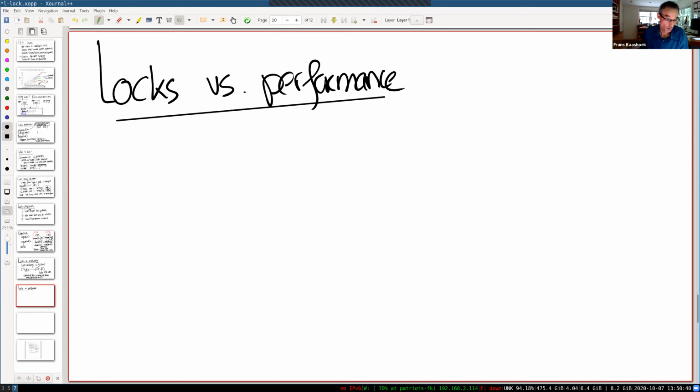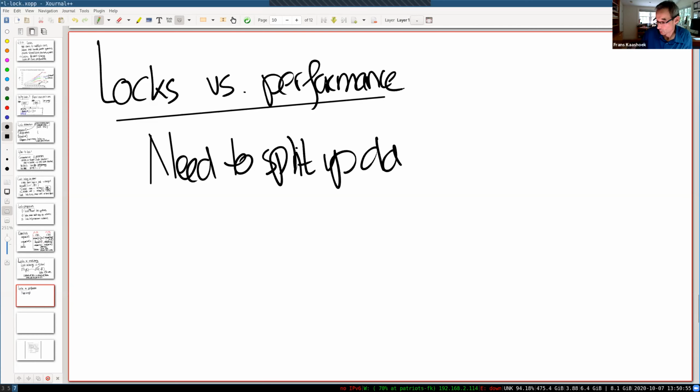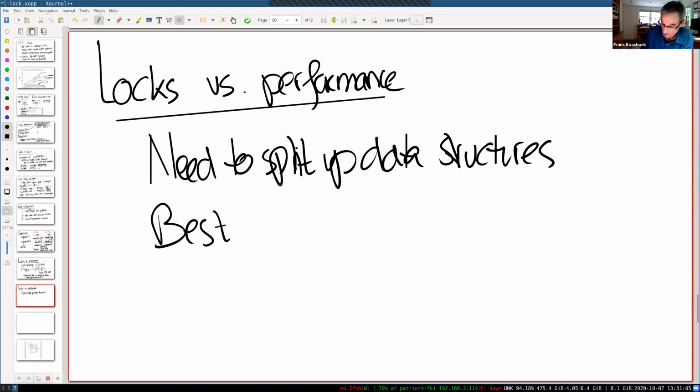If you have one big kernel lock, that will limit your performance to basically the performance of a single CPU. If you want the performance to scale with the number of CPUs, you need to split up data structures. And the best split is not obvious, or can be a challenge.